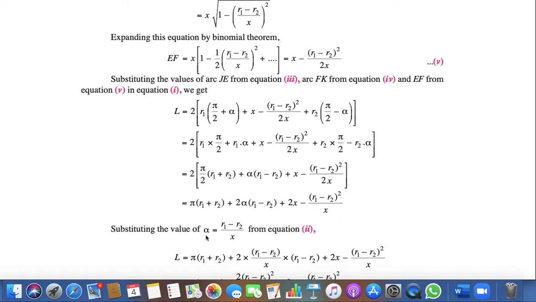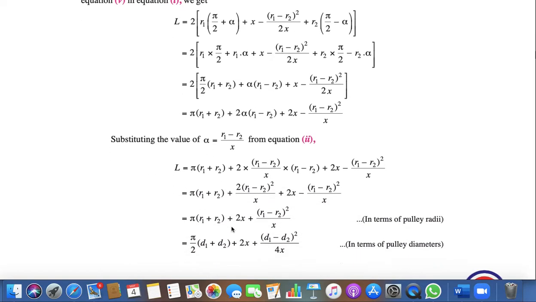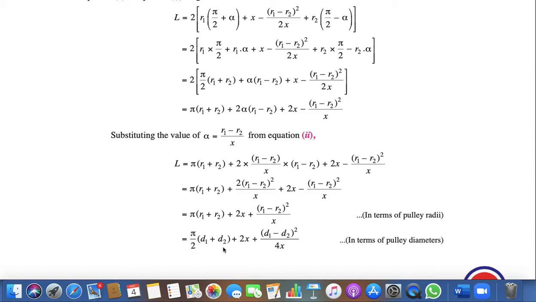Substituting the value of alpha, you will get pi by 2 (d1 plus d2) plus 2x plus (d1 minus d2) whole square divided by 4x, in terms of pulley diameters. So this is the value of L, which you have to note down. You have derived this equation with the help of geometric and numerical calculations.